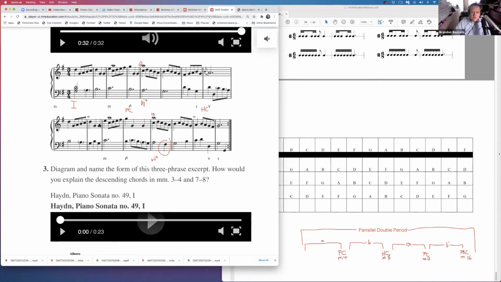Next chord. One 6. Good. They gave us the next chord as a 4. 1 6 2. Back to 1. 5. 1 6. 1.